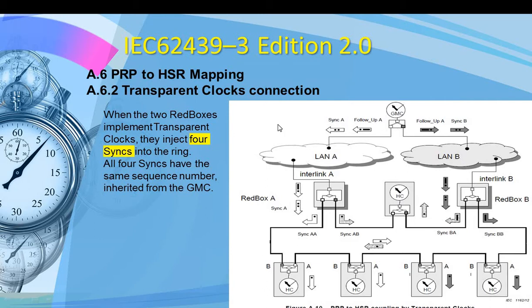This is the typical topology. On top is the grandmaster. The grandmaster sends out a sync follow-up message to both line A and line B. There are two different red boxes. This red box and also this red box. The PRP network connects to the HSR network via these two red boxes.